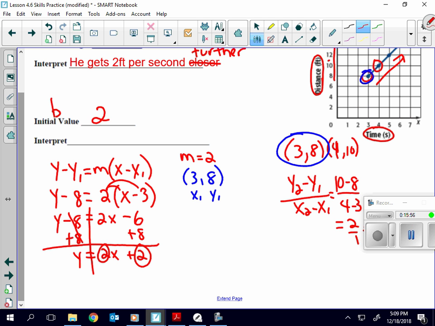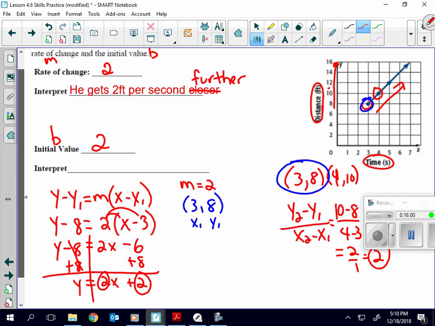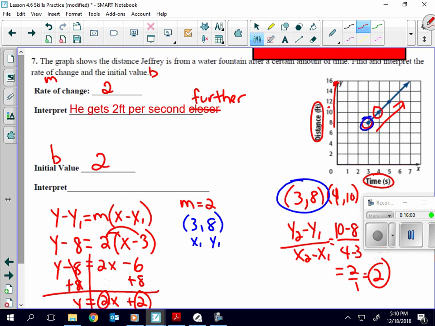What does that mean in the context? What happens in the beginning here? Well, the graph is showing the distance he is away from a water fountain. So in the beginning, he was 2 feet away. I'm going to say he started in the beginning, right?